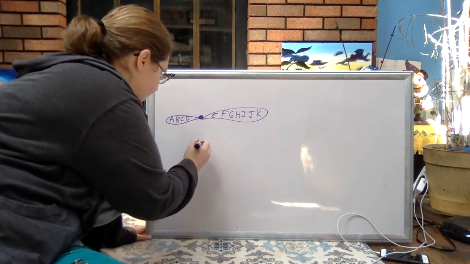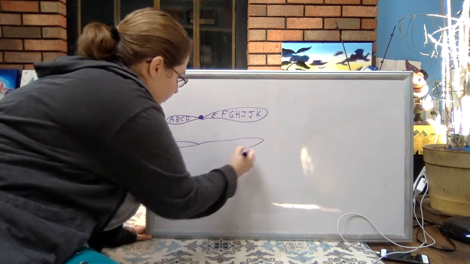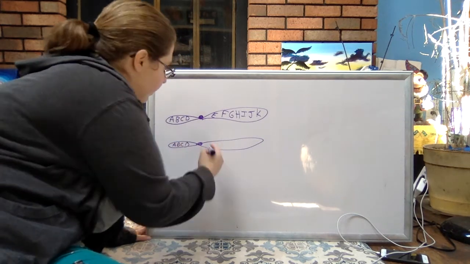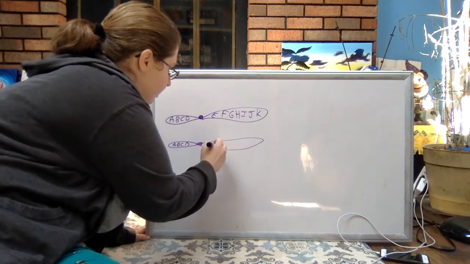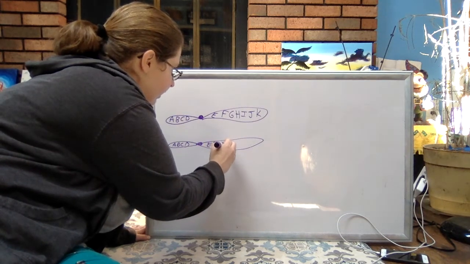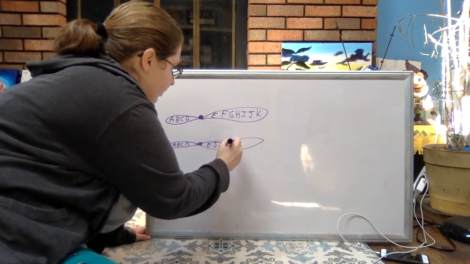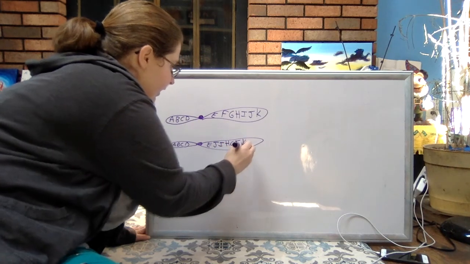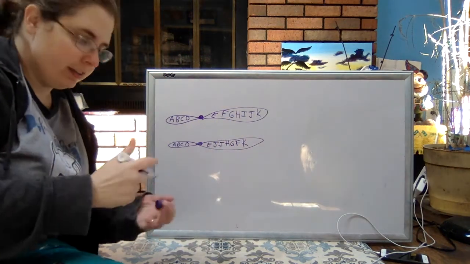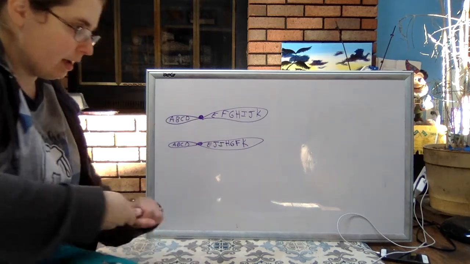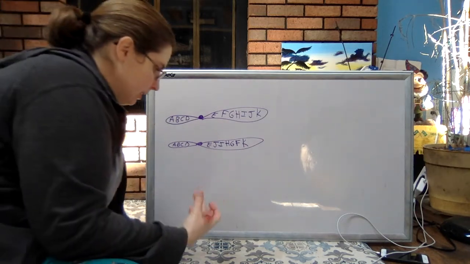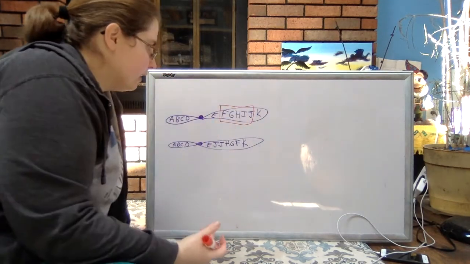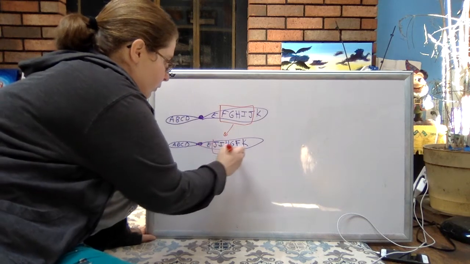So instead of what it should be, we have A, B, C, D, E, J, I, H, G, F, K. So what happens is during replication, or maybe it was an incorrect translocation, this section was flipped backwards.